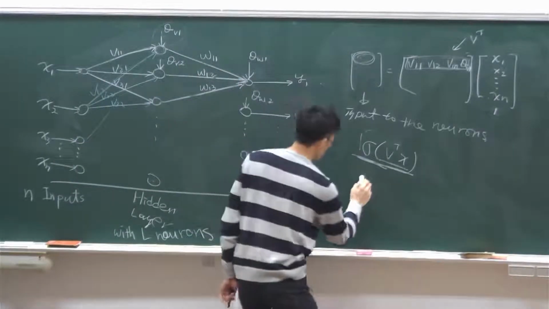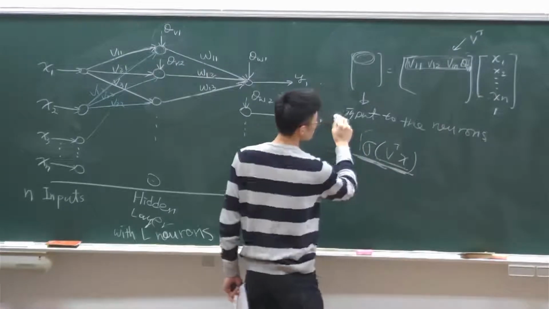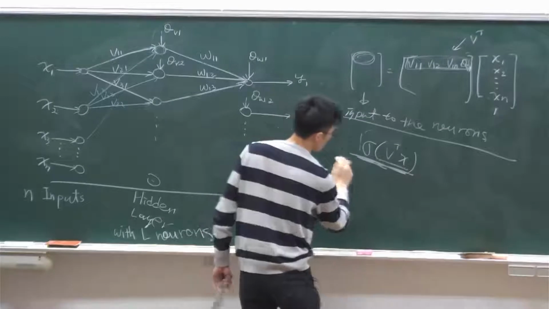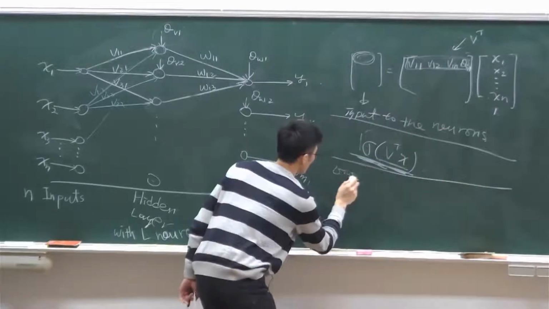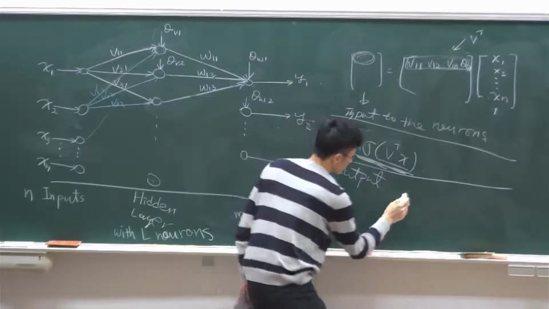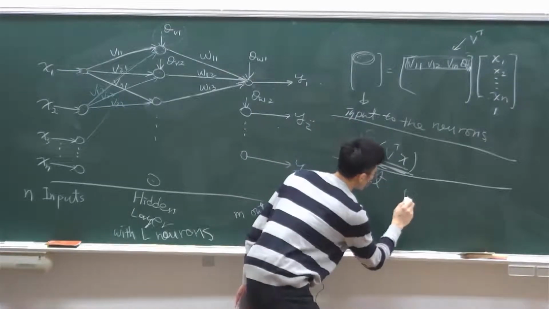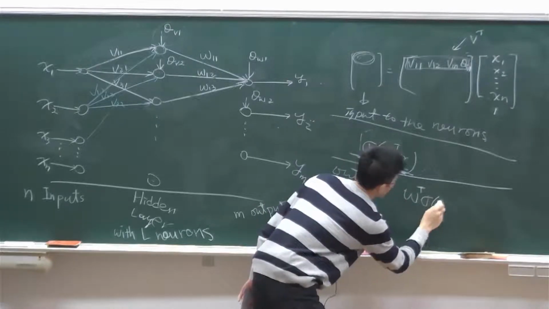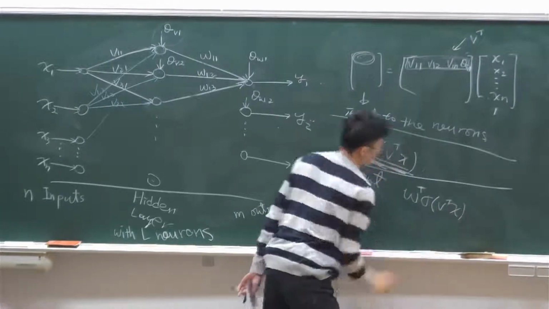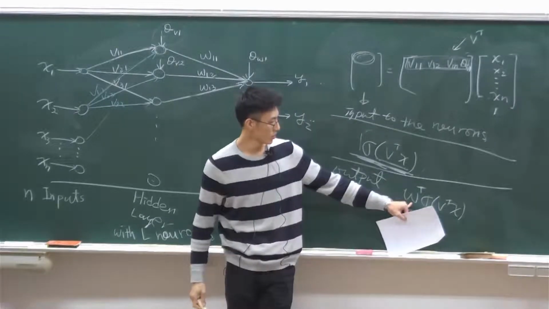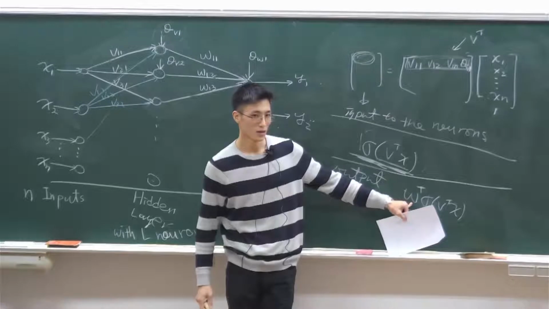So this guy should times W transpose, the other weightings. The output of the neurons times the second layer weightings will generate the output, which is y1 to ym.